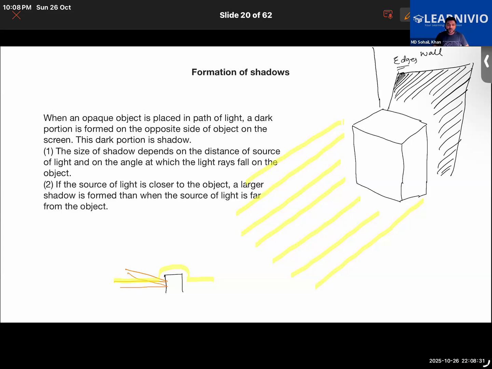Now the size of the shadow, the contrast of the shadow, depends upon various factors. The size of the shadow depends upon the distance of the source of light and on the angle at which the light ray is falling on the object. You guys would have observed this. Suppose, for example, I put a flashlight on my hand.